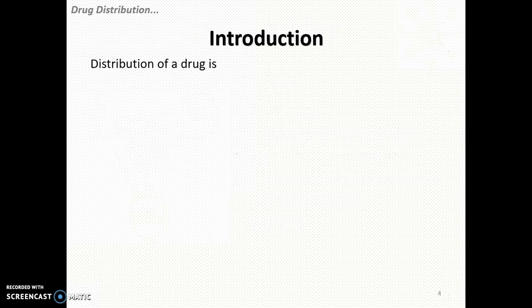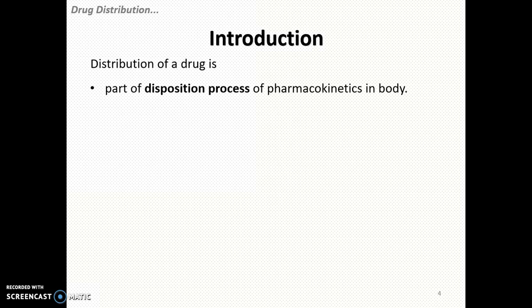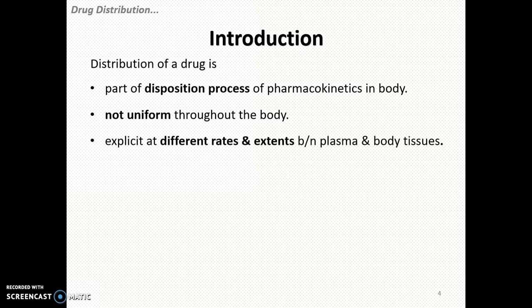Drug distribution is a part of the disposition process of the pharmacokinetic process in the body. It is not uniform throughout the body, and the process proceeds at different rates and extends between plasma and body tissues.